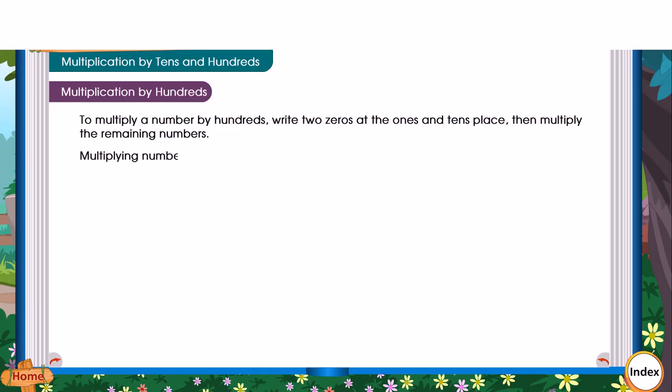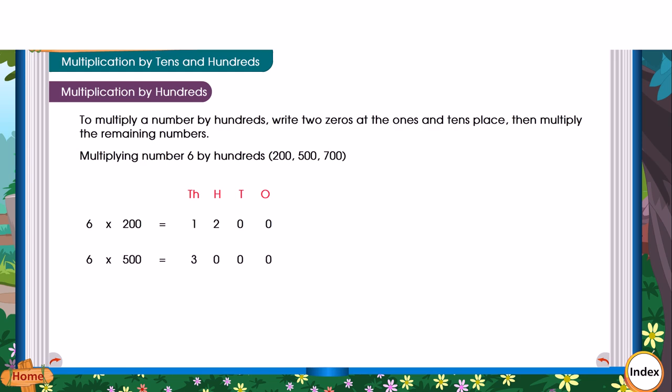Multiplying numbers 6 by hundreds, 200, 500, 700. 6 into 200 is equal to 1200. 6 into 500 is equal to 3000. 6 into 700 is equal to 4200.